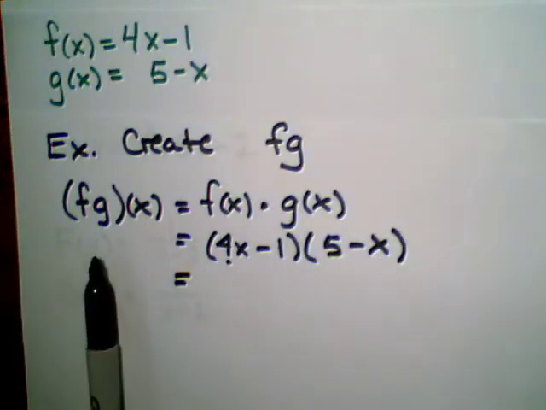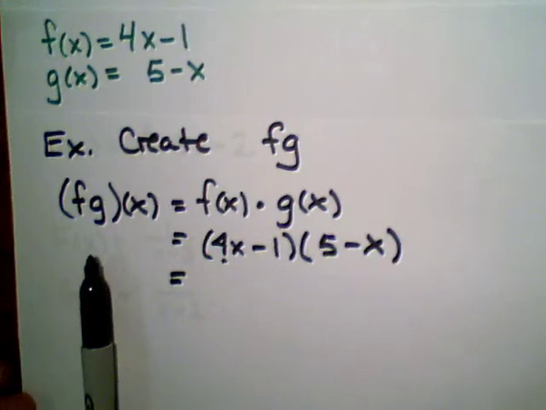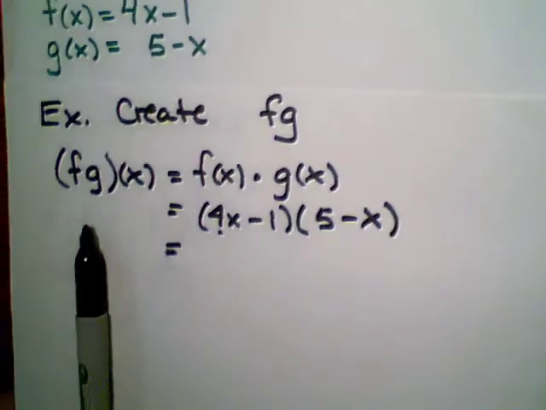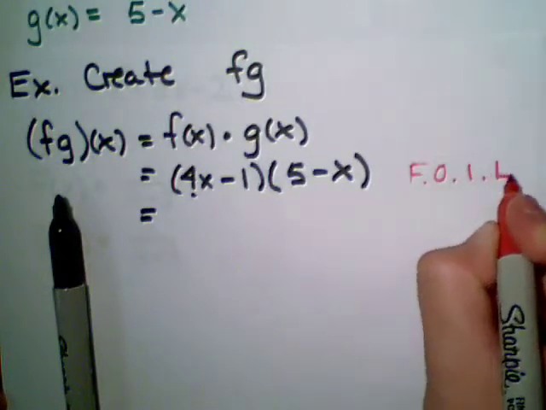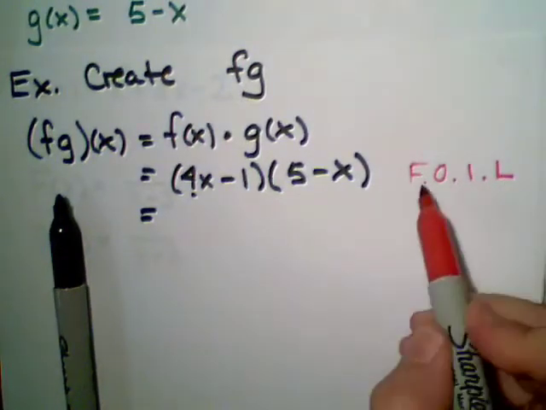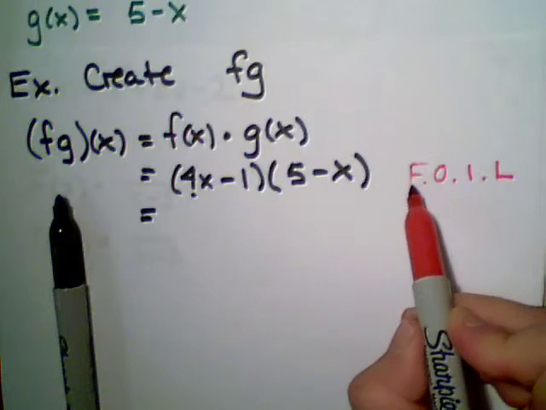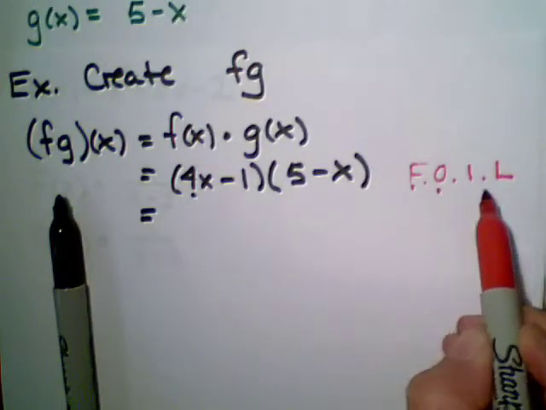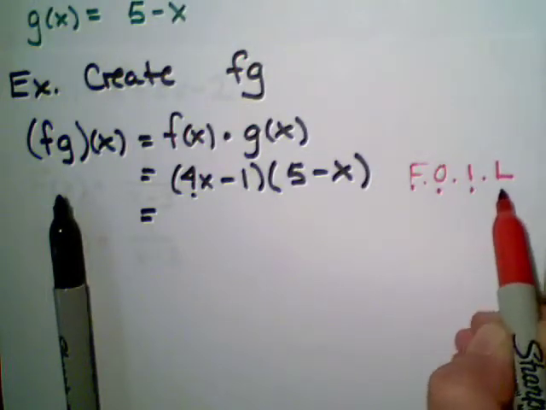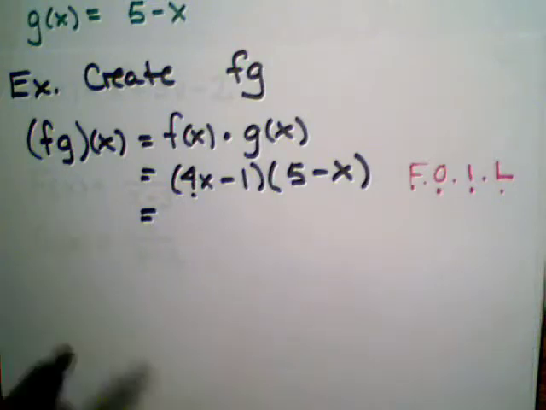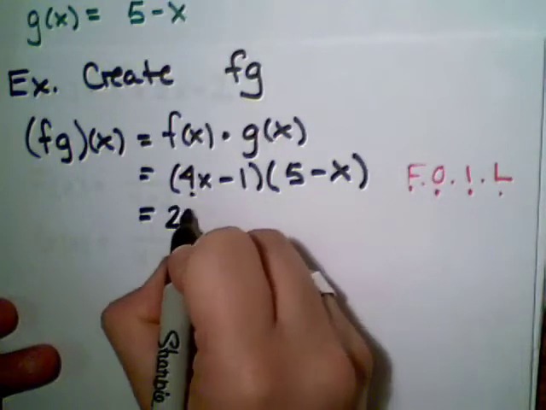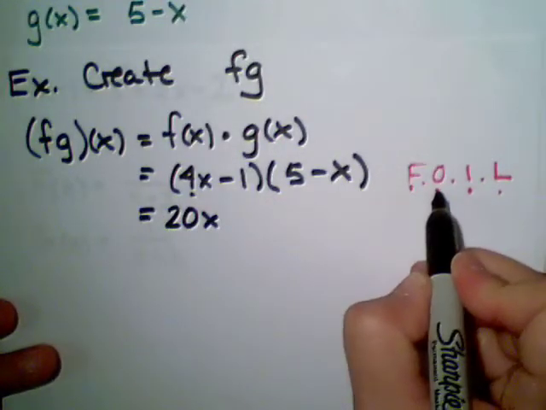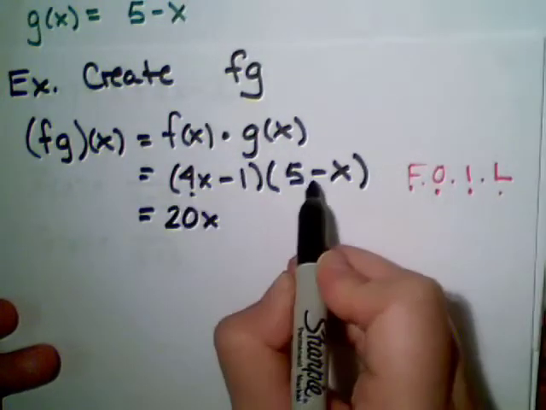And we probably remember that process, or a memory aid for doing the multiplication is the acronym FOIL, reminding us to distribute and get a product for the first two terms, the outer two terms, a product for the inner two terms, and a product for the last two terms. Let's do that. The first product, 4x times 5. The outside product, 4x times negative x.